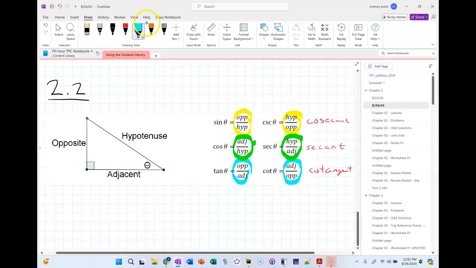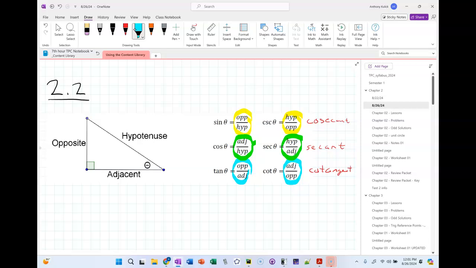Reciprocals again. So when it comes to memorizing the definitions for cosecant, secant, and cotangent, I'm not memorizing a new definition. I'm just remembering that cosecant is the reciprocal of sine, and I know the definition for sine, so I can flip it really easy. I remember secant is the reciprocal of cosine. I know cosine's definition, and cotangent is the reciprocal of tangent.